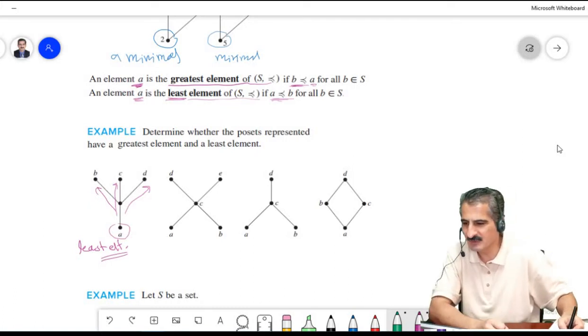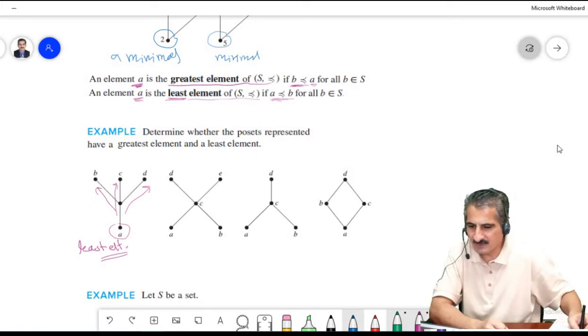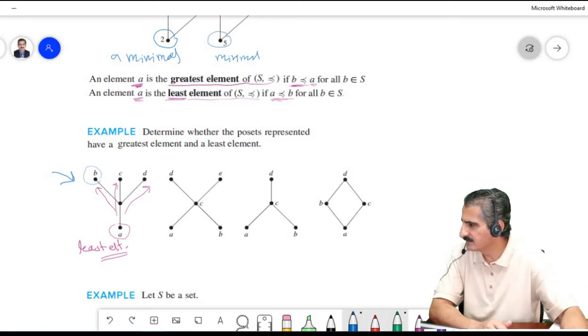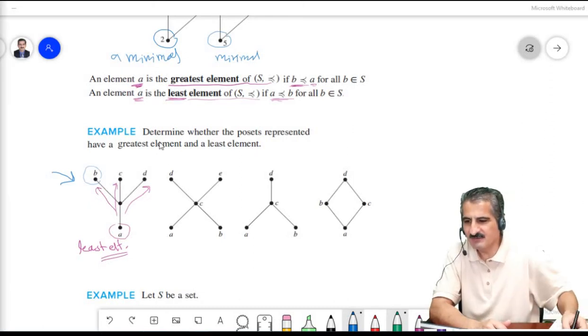Let's keep going. Now, concerning this graph here, do we have a greatest element? Greatest element means it is greater than any other element. Now, if we think to choose B, B is not greater than C. So we cannot say B is the greatest element.